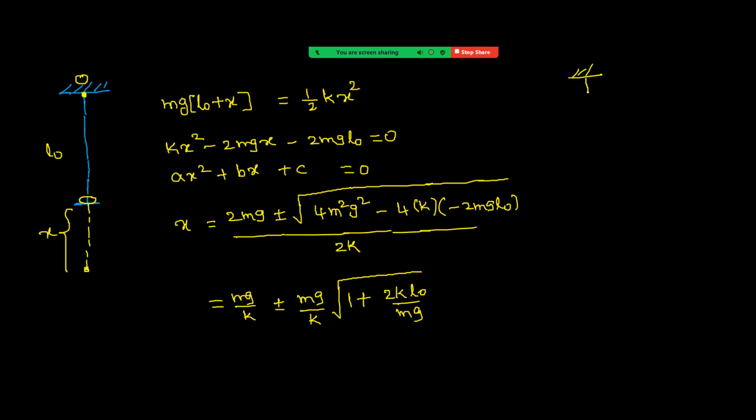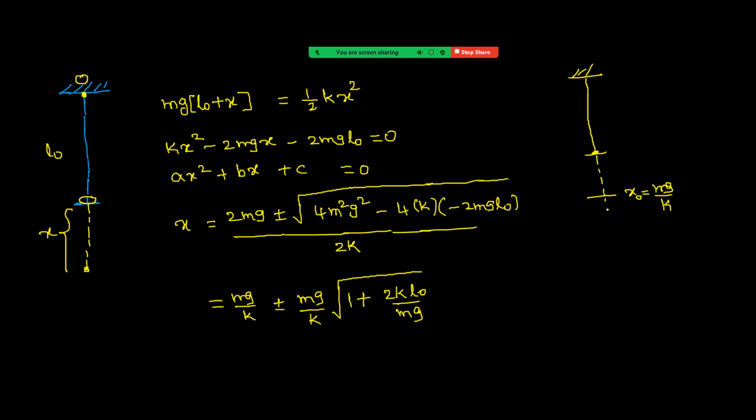After reaching there, somewhere here x equal to mg by k, net force is 0 because mg is balanced by kx. Or you can say this is x naught, mg balanced by kx naught. But it is having velocity.